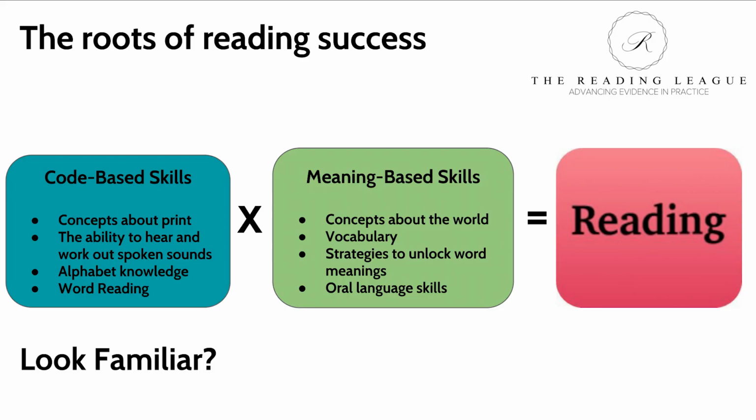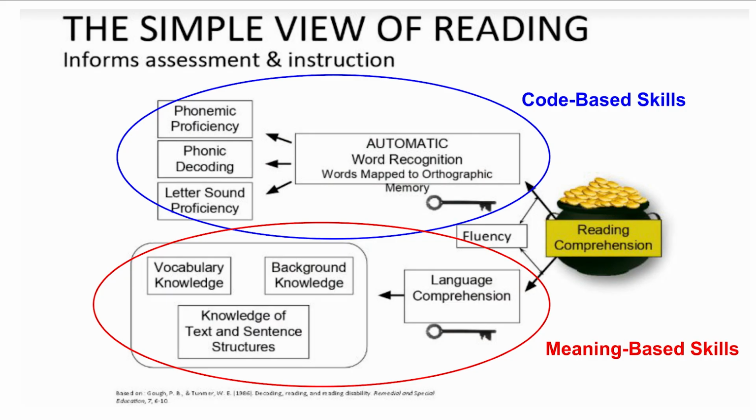So the outline, the roots of reading, look familiar? Code-based skills, meaning-based skills. Our simple view of reading. This is what I was saying. I would say this is what got me the most excited by some of the briefs.